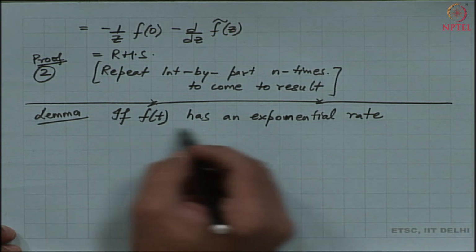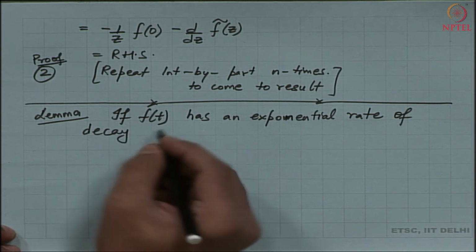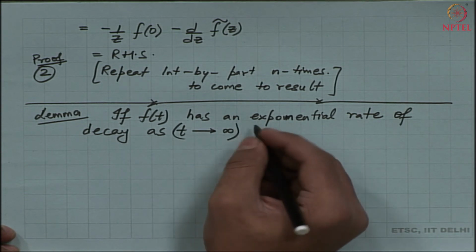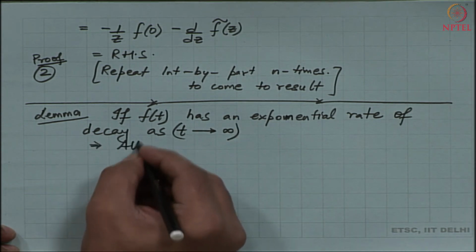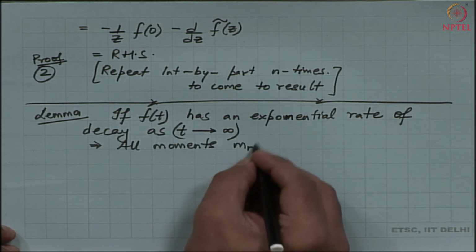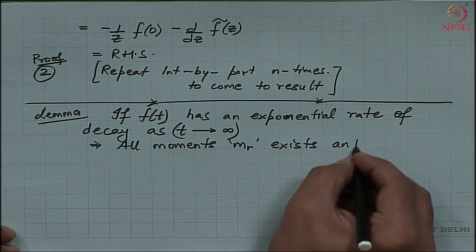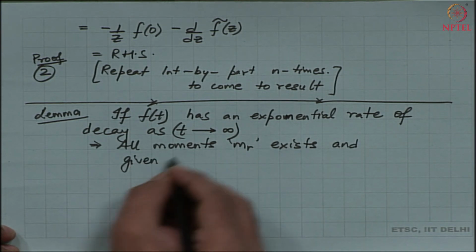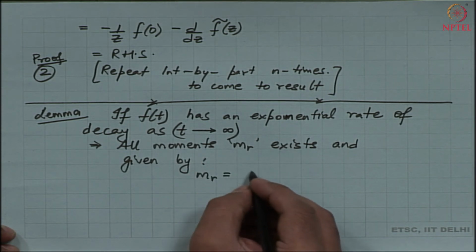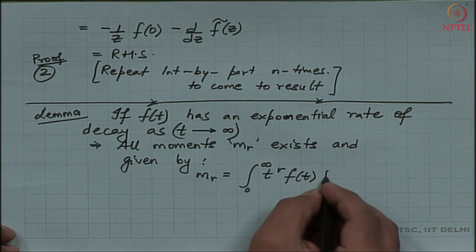So, the lemma states that if f of t has an exponential rate of decay as I evaluate the function in this limit, then all moments m r exist, and they are given by the following: m r is equal to the integral from 0 to infinity of t to the power r f of t dt.